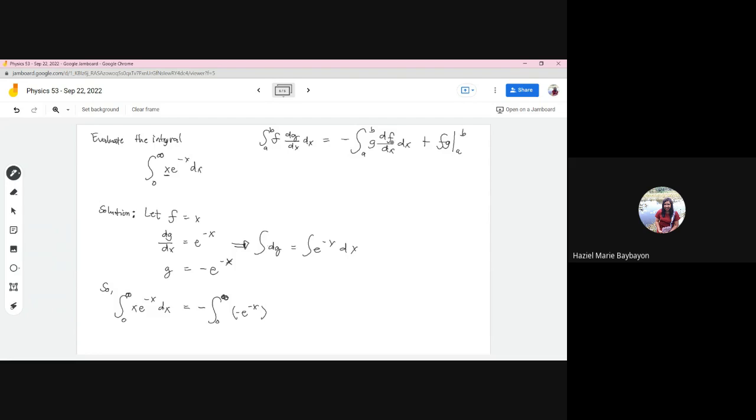And then your df dx, so we just have to integrate this with respect to x. And unsa to makuha? Derivative of x with respect to x, that is 1, no? Yes, ma'am. 1.